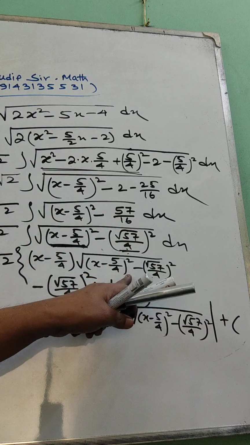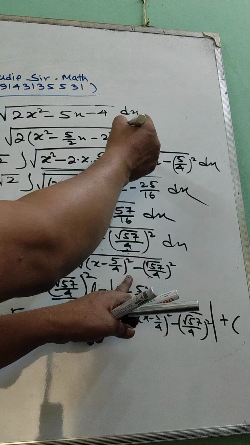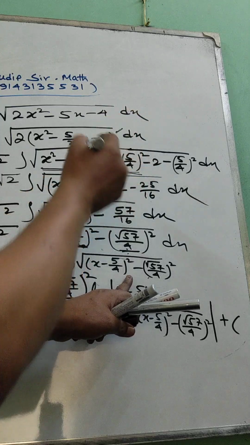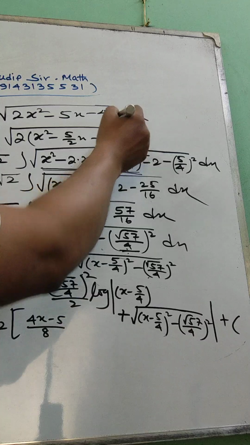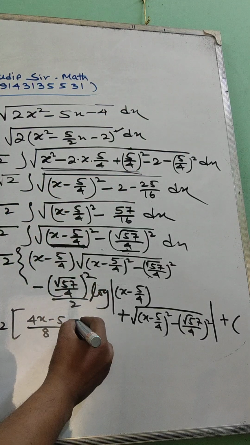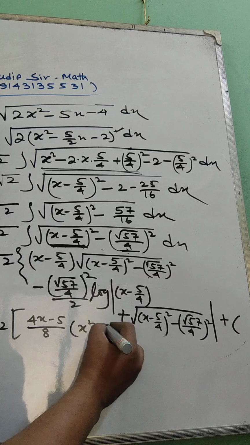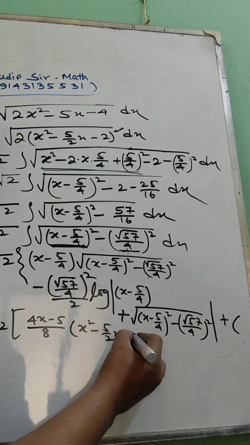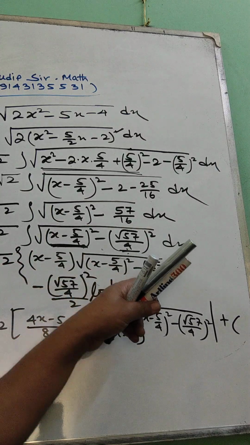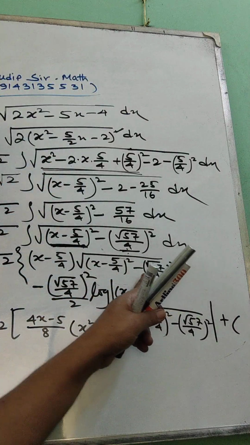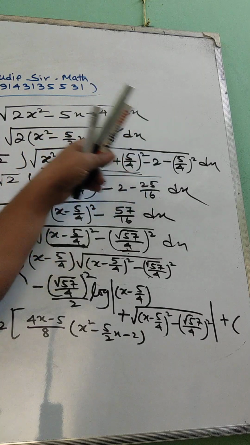If you simplify this, you will get just before the perfect square this line, that is x square minus 5/2 x minus 2.